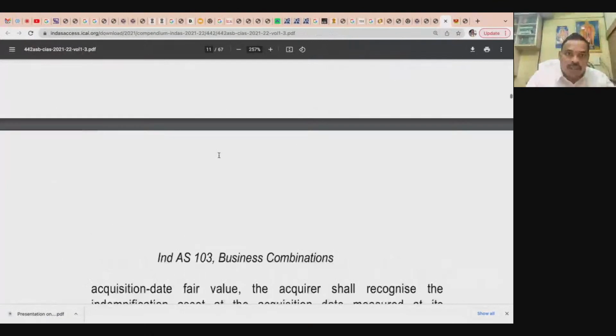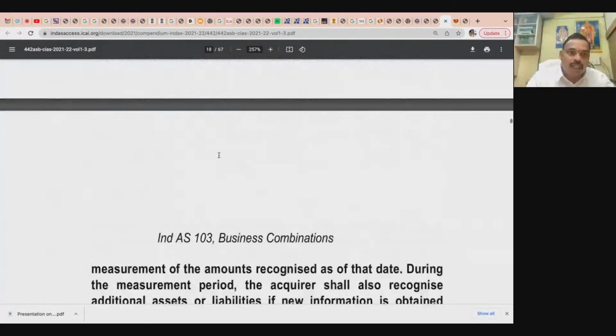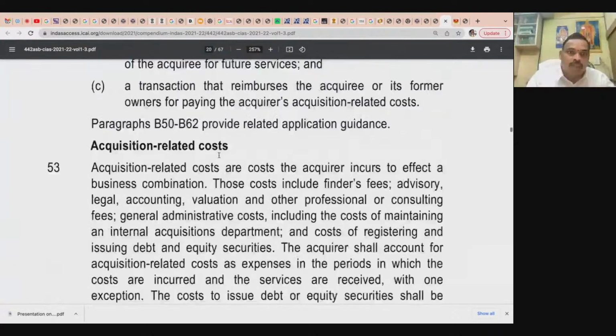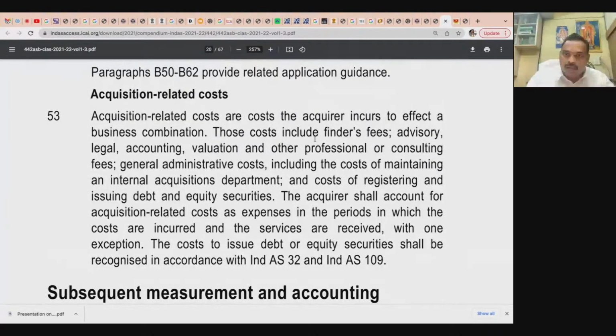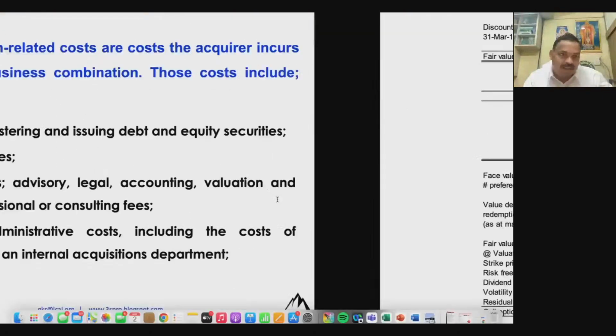Your acquisition related cost is in para 53. Look at para 53. Here, finder fee, advisory, accounting, valuation, including cost of internal acquisition, cost of registering and issuing debt security. All are there. But statutory dues are not.